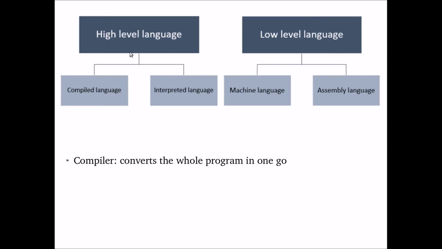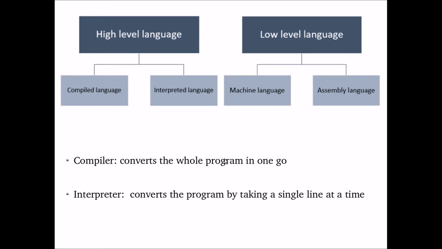So the set of instructions is converted into machine language with the help of a compiler, and then that machine language is read by the microprocessor of your computer, and the desired set of instructions are performed.